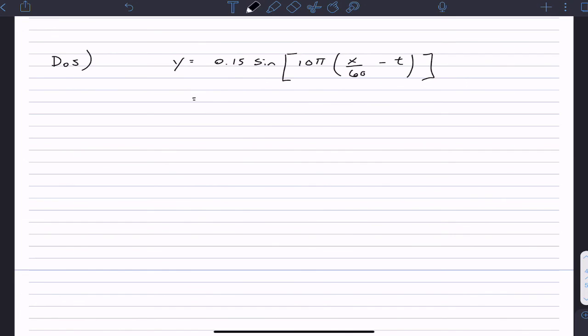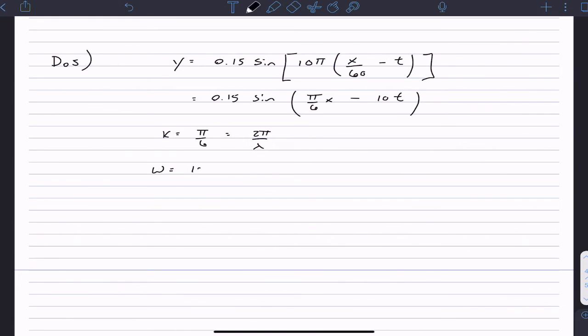0.15 sine, and we got 10 pi over 60. This is just pi over 6x, right? That's going to be k is pi over 6 minus 10 pi t. So k is equal to pi over 6. That's also equal to 2 pi over lambda.